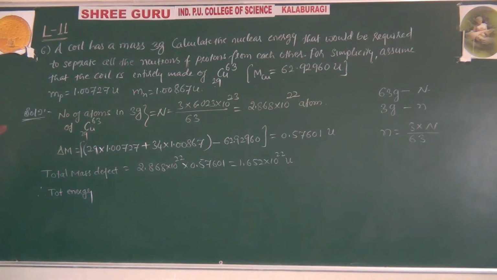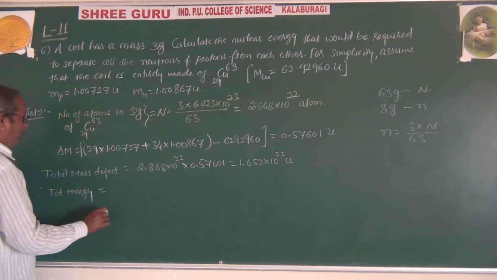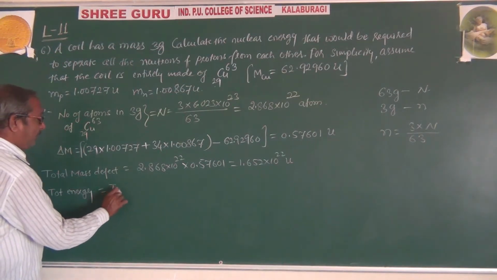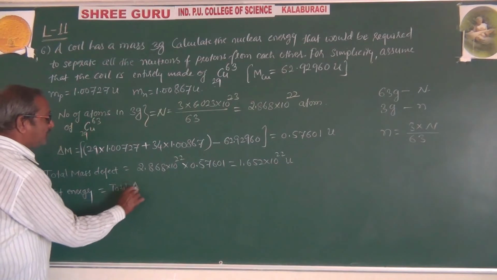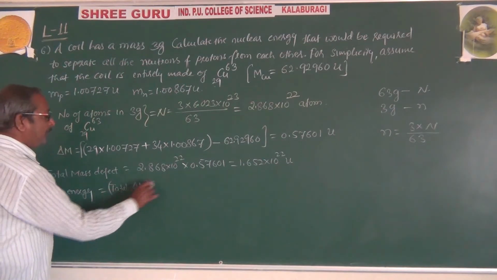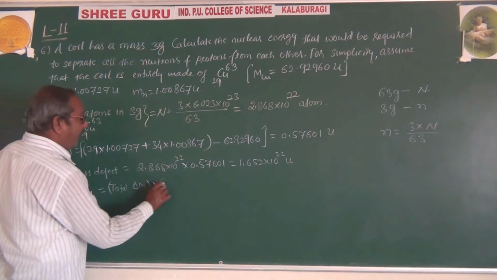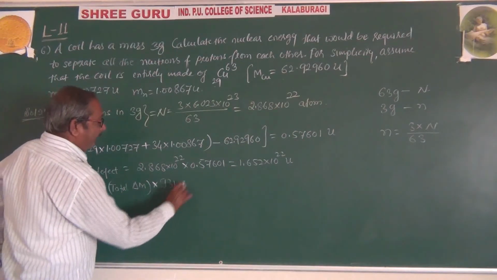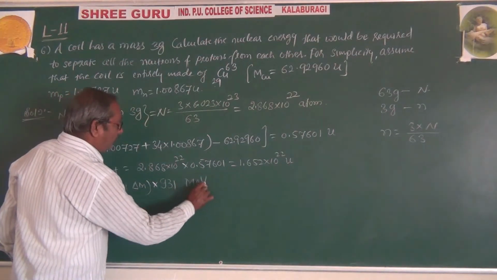Here, what they asked: calculate the nuclear energy that would be required to separate all the neutrons and protons. That is total energy equal to total mass effect, delta M into 931 mega electron volt.